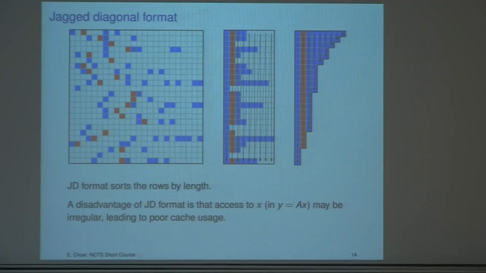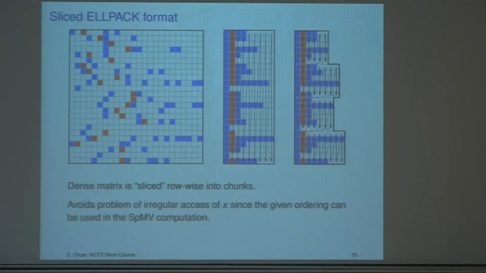And remember, we want to choose the ordering of the matrix so that the accesses to the x vector are as friendly as possible to the cache, right? So this, because it changes the ordering, could damage the cache usage. You may think there's actually a solution to that as well, which we'll see in a moment. So this is called the jagged diagonal format.